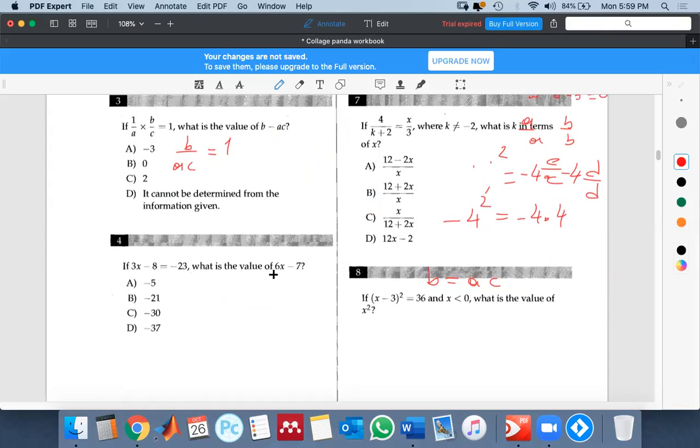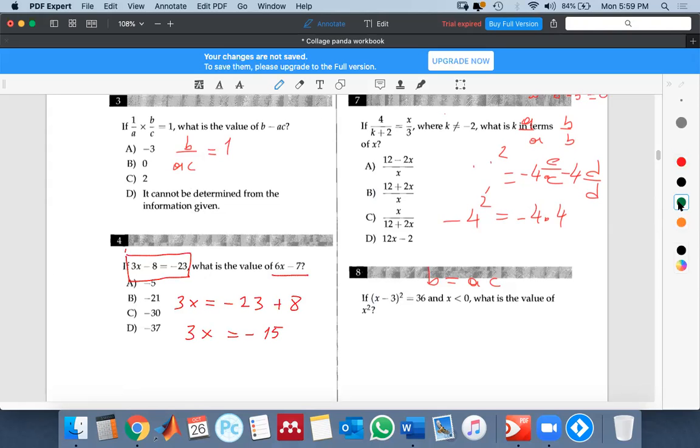Now, the question is 6x minus 7. This is given. It's difficult to get 6x minus 7 directly, but 3x is equal to negative 23 plus 8. 3x is equal to negative 15.